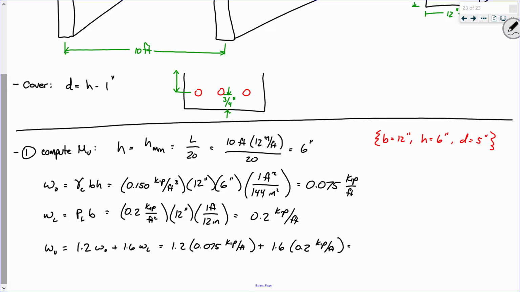I didn't reduce it. No, this is factoring. If anything, this is increasing it. Reducing, I'm talking about live load reduction, the 0.25 plus 15 over square root of K_LL A_T. I'm talking about live load reduction.